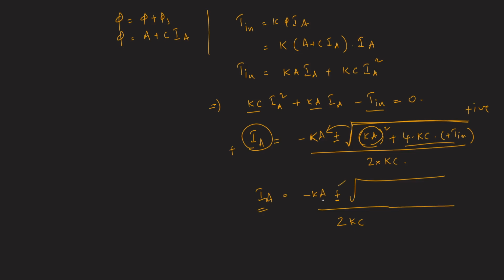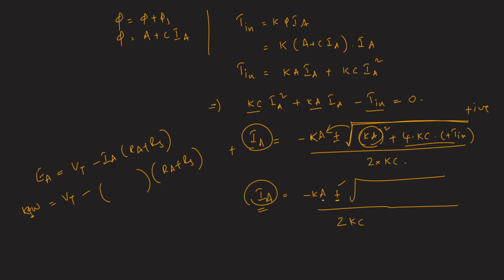Now once I take this as my Ia, I will substitute it in my original equation. Ea is equal to Vt minus Ia into (Ra plus Rs). So this is K phi omega is equal to Vt minus Ia, this entire expression, multiplied by (Ra plus Rs).